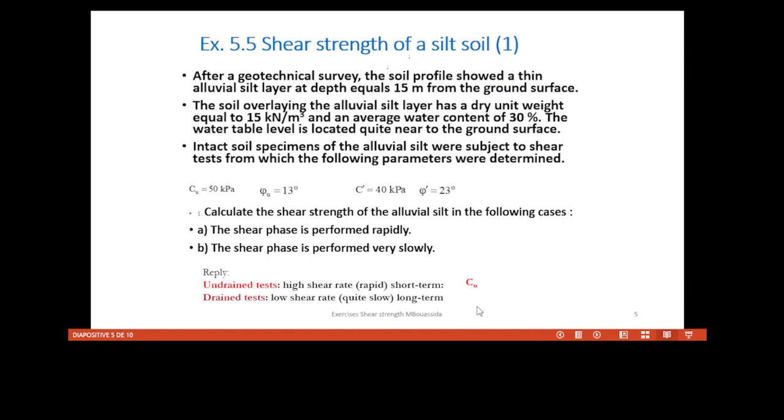As a matter of fact, Cu and phi u correspond to the undrained case, and c dash and phi dash correspond to the drained test. Respectively, the first corresponds to the short term, and the second couple corresponds to the long term.